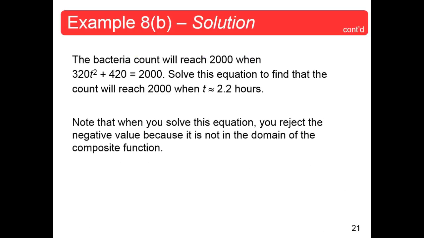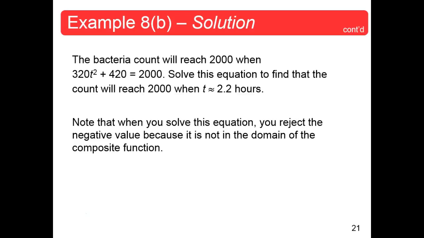Note when you solve the equation, you reject the negative value because it's not in the domain of the composite function. And that's what we were just talking about. Now, that was probably the best way to work that problem.